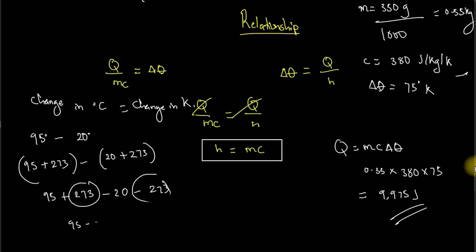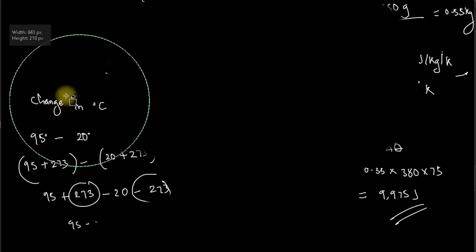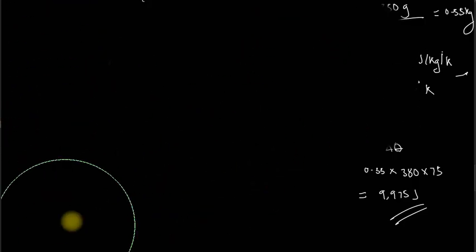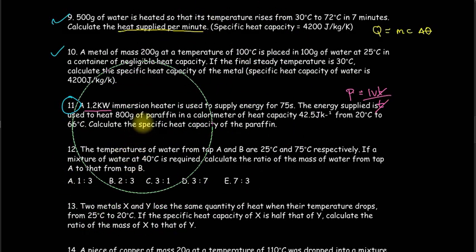So in our question, let me clear some space. They said 1.2 kilowatts. Kilowatts just tells me this is power. A 1.2 kilowatts heater is used to supply energy for 75 seconds. What does that tell me?